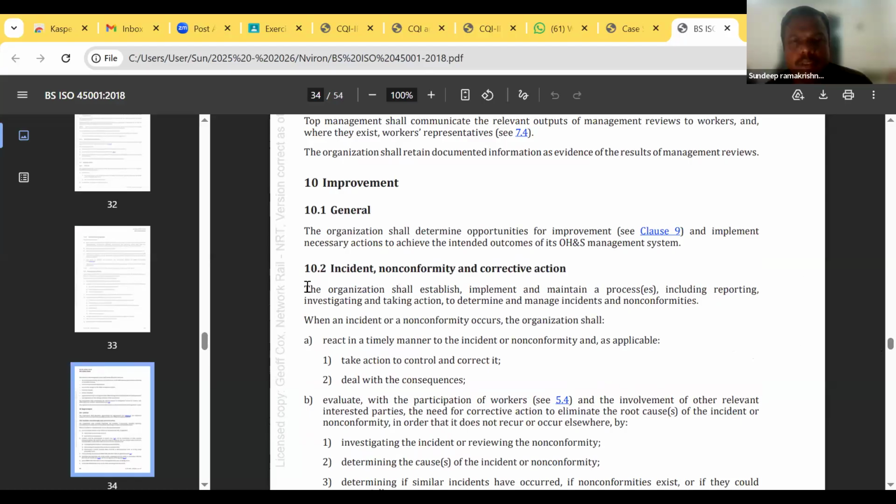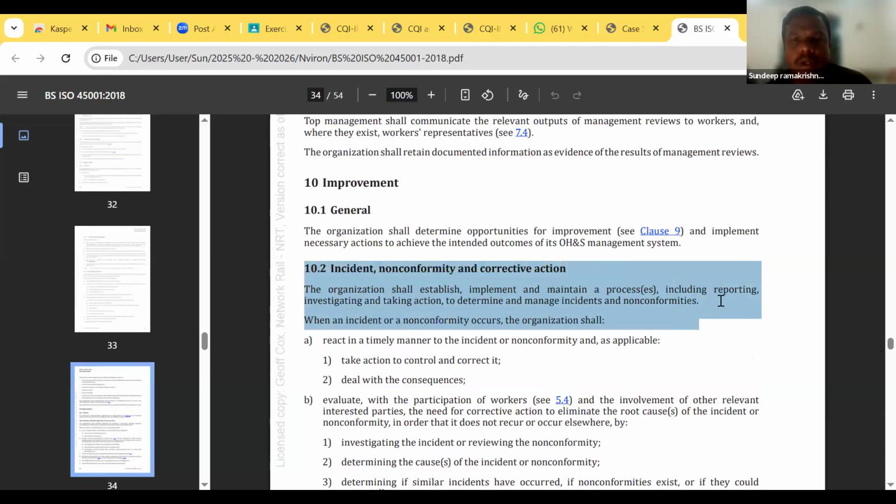So see, the requirement is the organization shall establish, implement and maintain processes including reporting, investigating and taking action to determine and manage incidents and non-conformities. So this part is clearly violated.